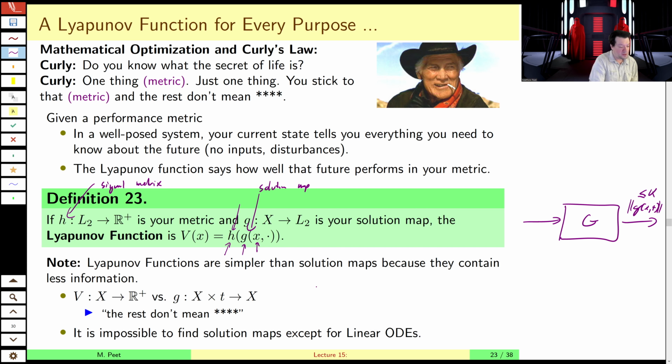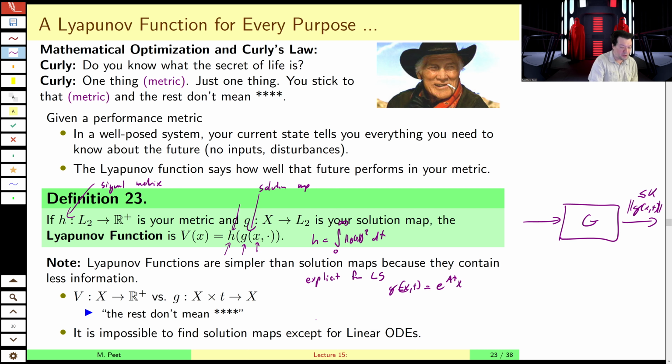And so, for example, it's explicit for linear systems, where, if we're looking at the L2 norm, H is the L2 norm from 0 to infinity, and G is e to the A t x.